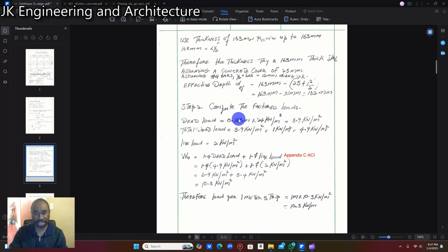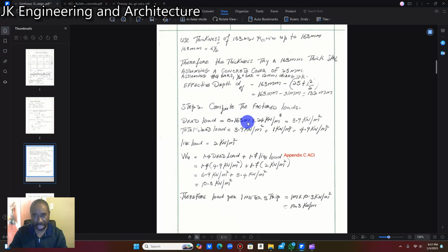This 0.163 meter is coming from our overall height of the slab, which is 163 millimeter, and because 1,000 millimeter makes 1 meter, we move 3 decimal places to the left.